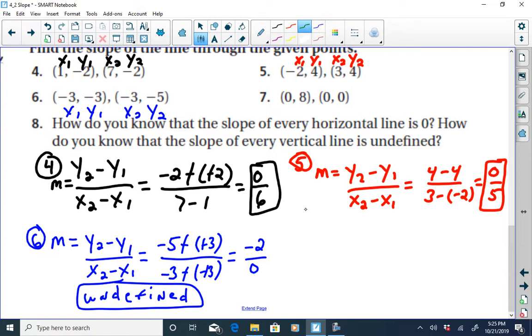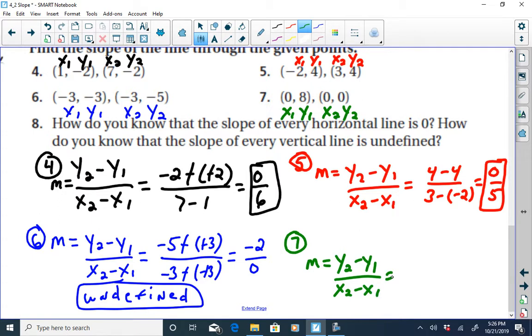All right, let's look at number 7. Problem 7, let's identify x1, y1, x2, y2, and write our formula. m equals y2 minus y1 over x2 minus x1.